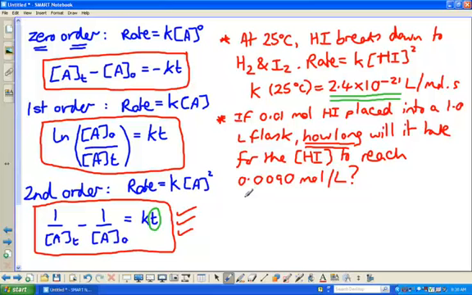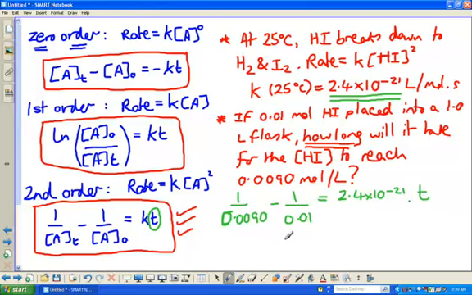Once we plug all that in, we know our concentration at time t is 0.0090. We know our initial concentration is 0.01. We know our K is 2.4 times 10 to the negative 21 liters per mole per second.